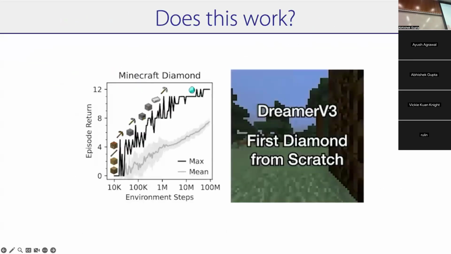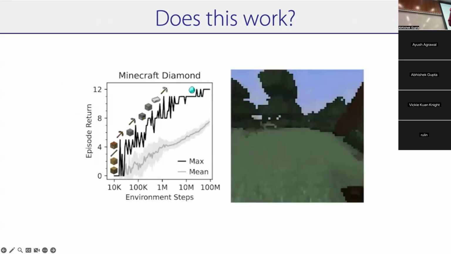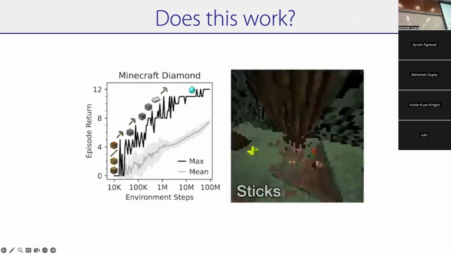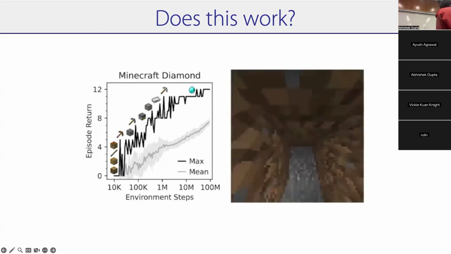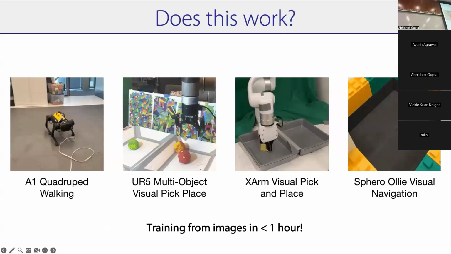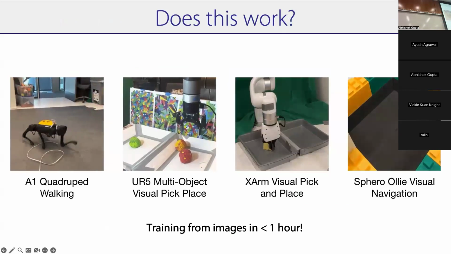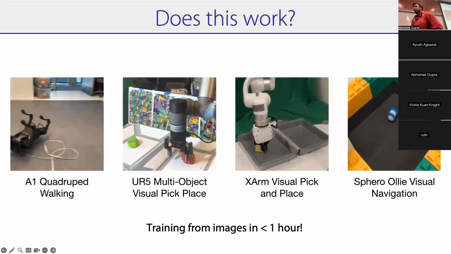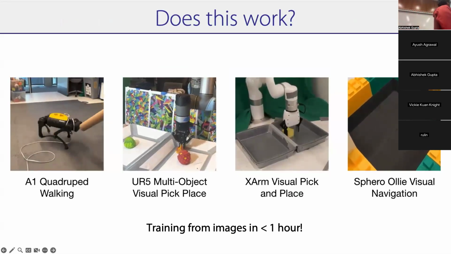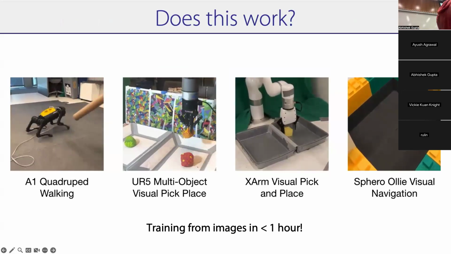So this is a video I showed last time, I think, of Dreamer doing super well on Minecraft. And it does stuff that is supposed to be good. But this is what I like more. It does stuff with robots. You can learn to walk around in an hour or so of interaction. You can learn some manipulation tasks.